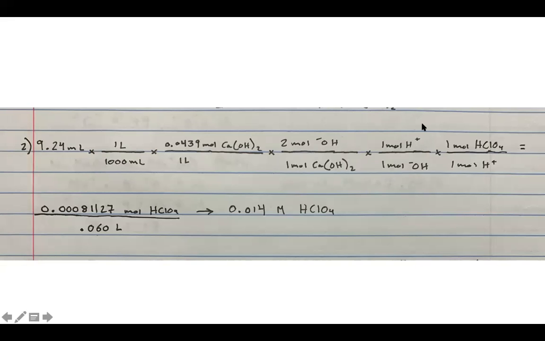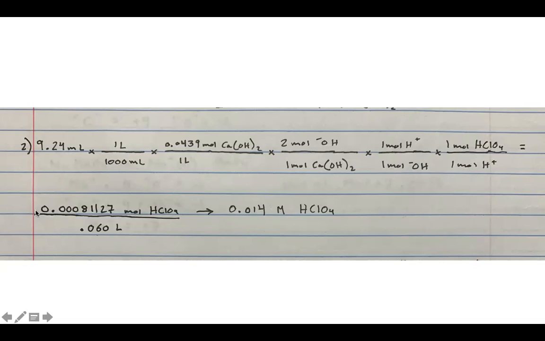It said endpoint, so we know that we have 1 mole of hydroxide per 1 mole of H plus. That is a conversion factor you should always see in your dimensional analysis for these problems in 1127. And then we're going to convert from moles of H plus to moles of our entire acid, which is perchloric acid, HClO4. Okay, when we do all of this dimensional analysis out, it gets us that number in the numerator.